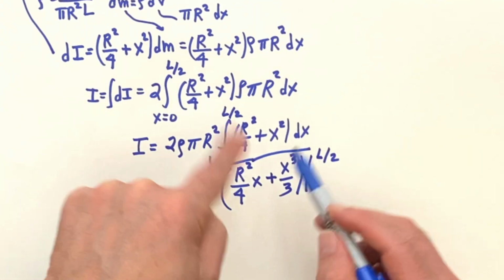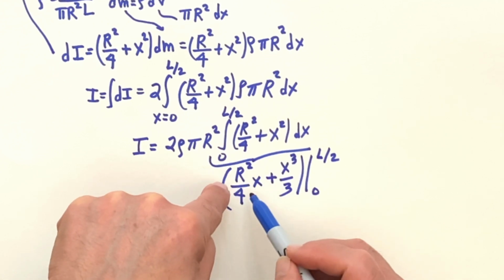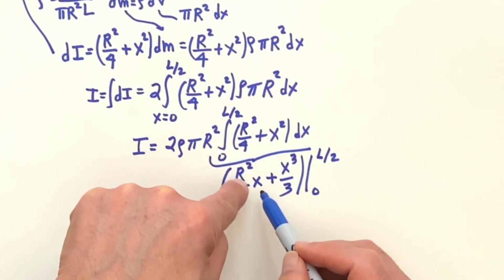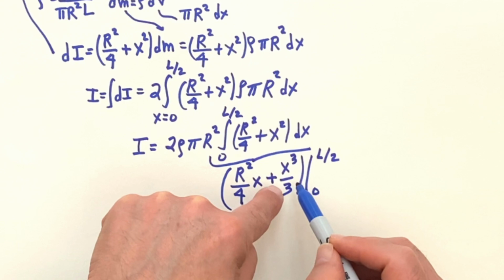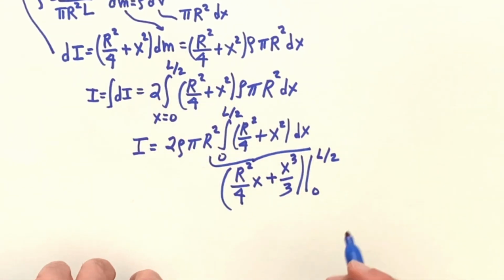You can take the derivative to go backwards. The derivative of this first part would just be what's in front, R squared over 4, because it's just an x there. And then the derivative here of x cubed would bring down the 3, kill that 3, and you would have x squared. So it's always good to double check like that.